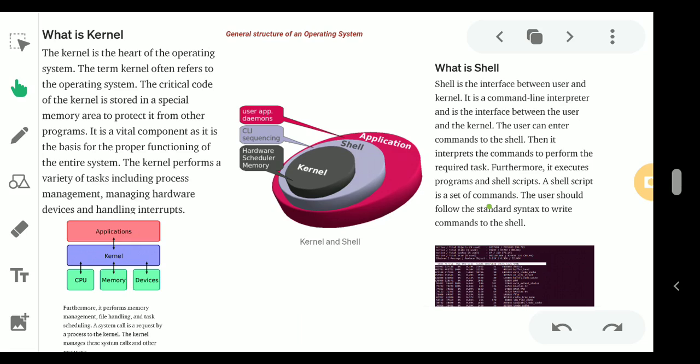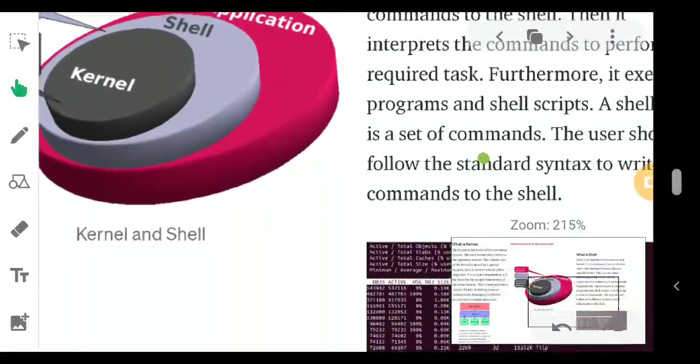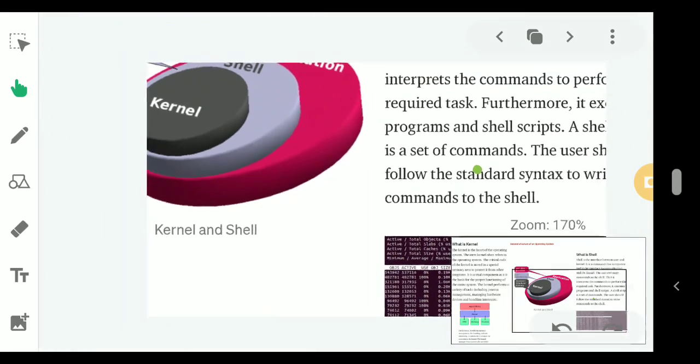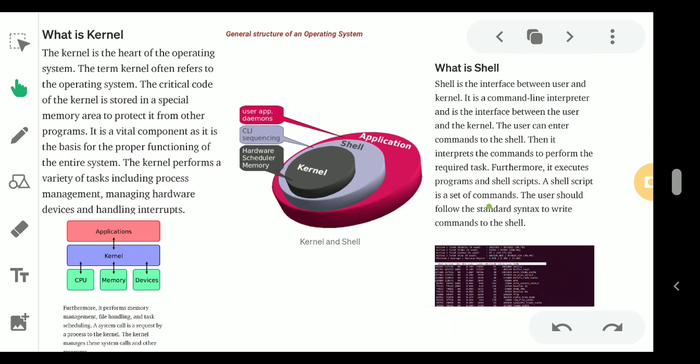If you closely look at this one, there are different commands we have written over there. They have a specific meaning, because depending upon the instructions we give, it performs the tasks.